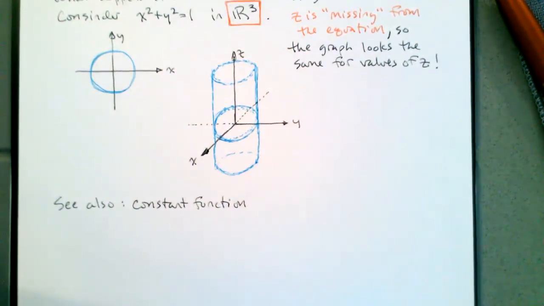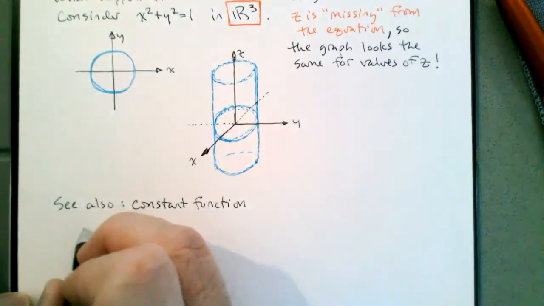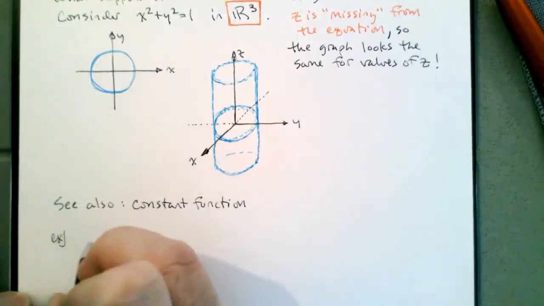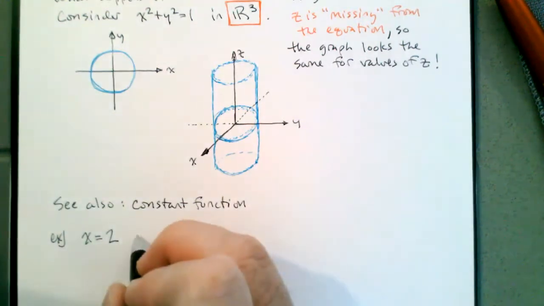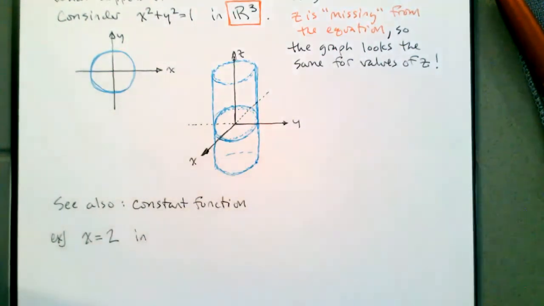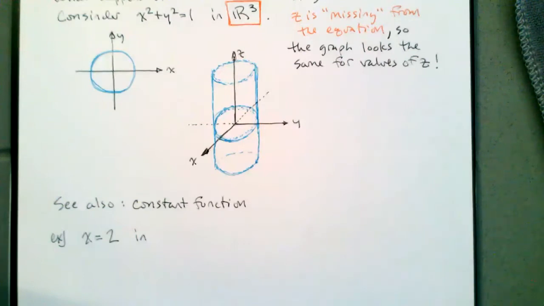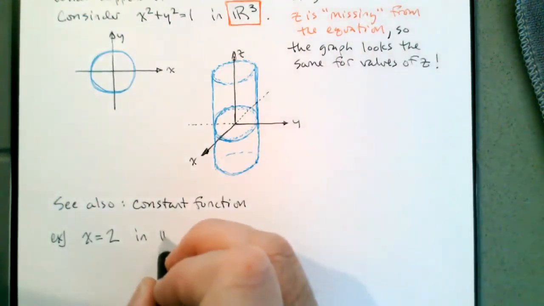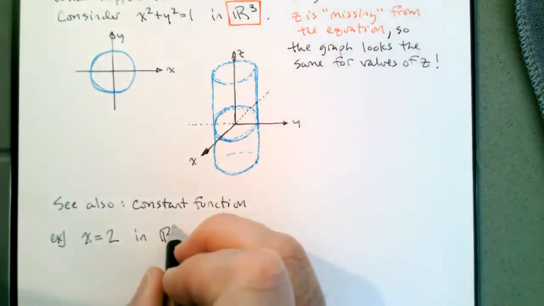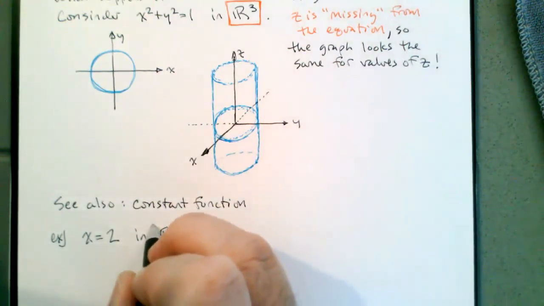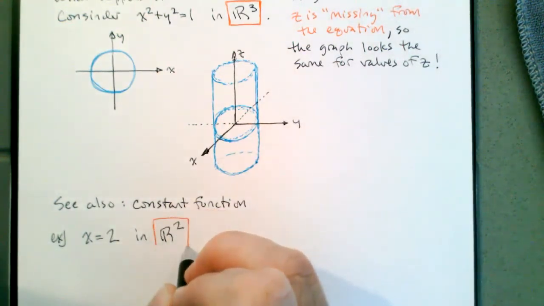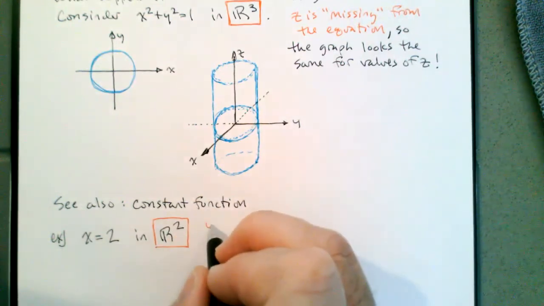If I have the equation x equals 2, I can consider x equals 2 as an equation in R2. So in this sense, I'm saying that y is missing from the equation.